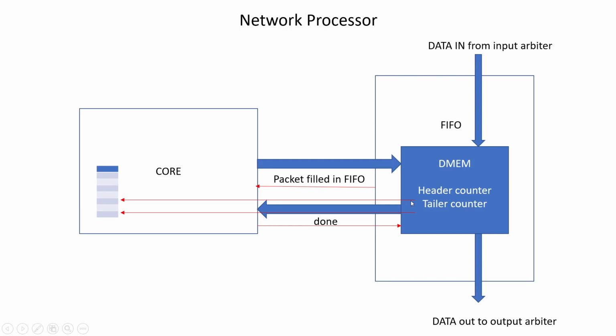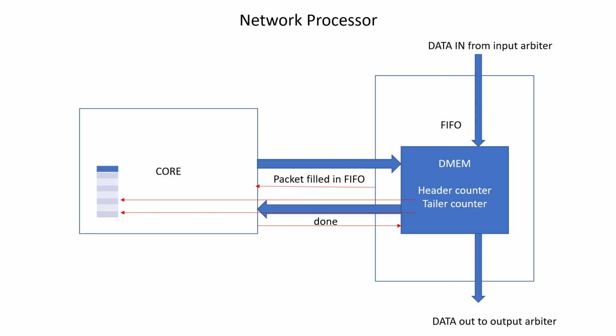It also sends the addresses of the actual data, ignoring the header and trailer. These addresses are counted by the FIFO control unit and stored in a register file inside the core memory.